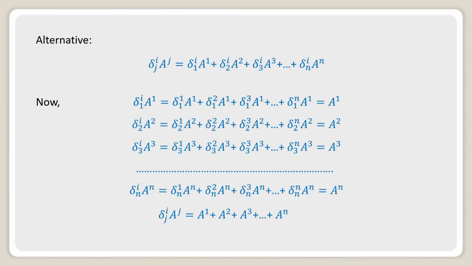Similarly, we will get the value of the second term as delta i2 into a2 equal to delta 12 into a2 plus delta 22 into a2 plus delta 32 into a2 plus dot delta n2 into a2. This value will be equal to a2 because we will get only the second term and all other remaining terms will be 0.